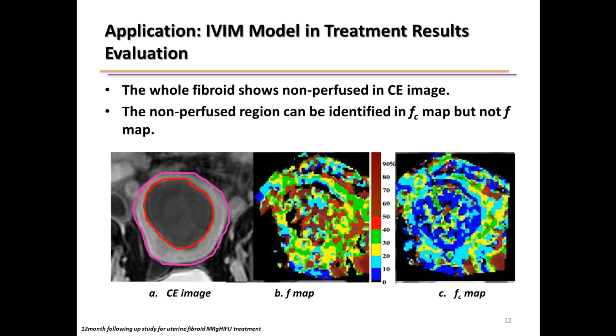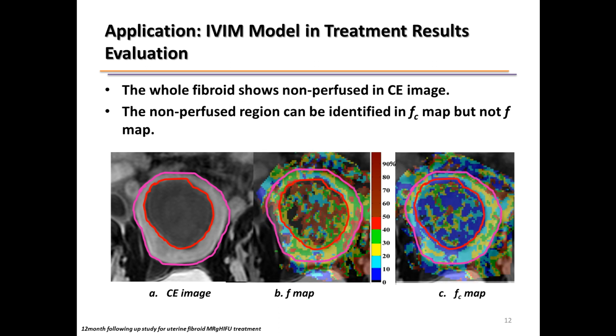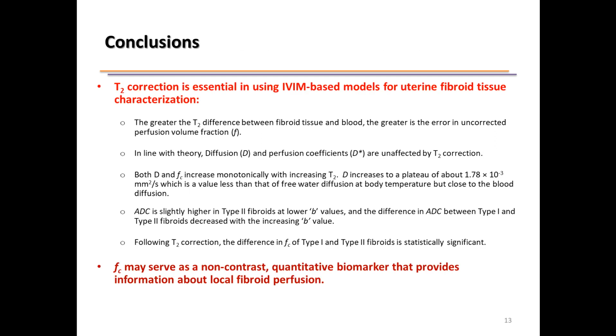The middle color map is the F map, and the right color map is the FC map. We can see that compared with the F map, the non-perfused volume has a much clearer boundary in the FC map.